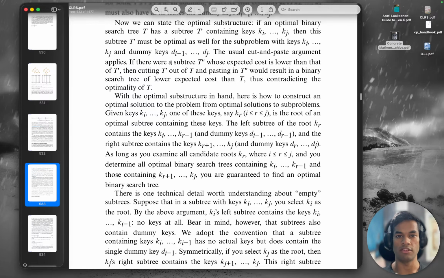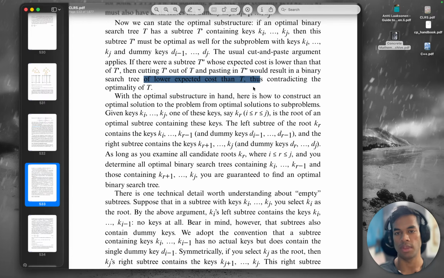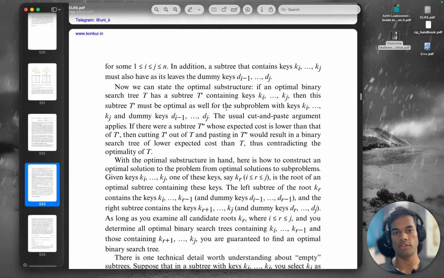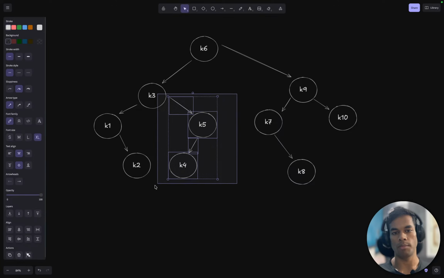If there were a subtree T'' whose expected cost is lower than that of T', then cutting T' out of T and pasting T'' would result in a binary search tree with a lower expected cost than T. Therefore, by contradiction, the subtrees should also be optimal.